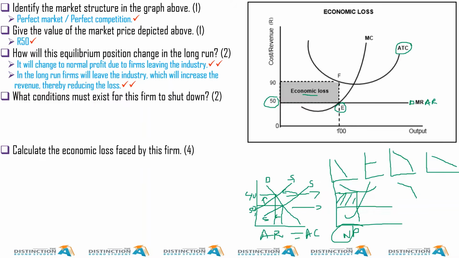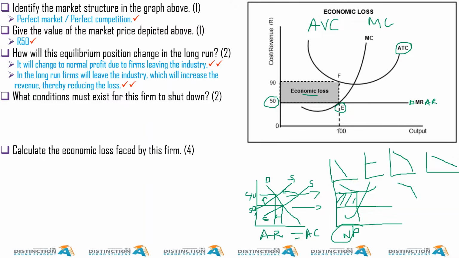Right, what condition must exist for this firm to shut down? All right, for this firm to shut down, it will shut down if we apply the shutdown rule, which is where we talk about the AVC. So let's say where the AVC intersects marginal cost.